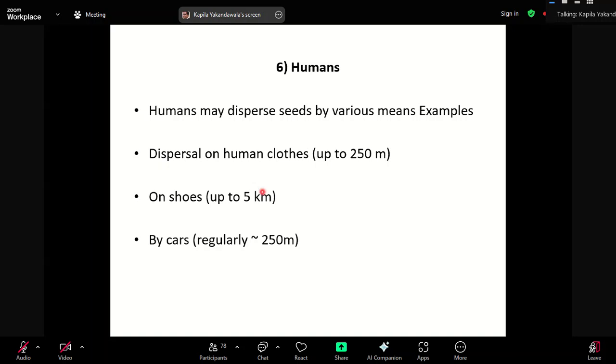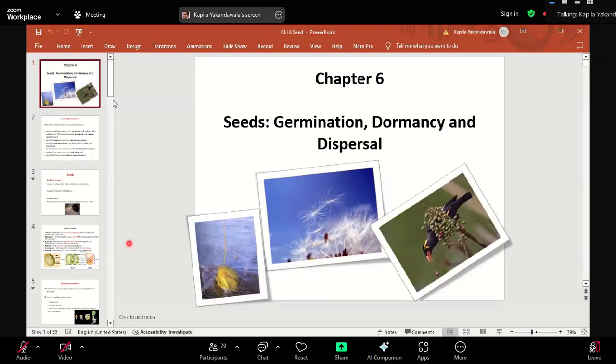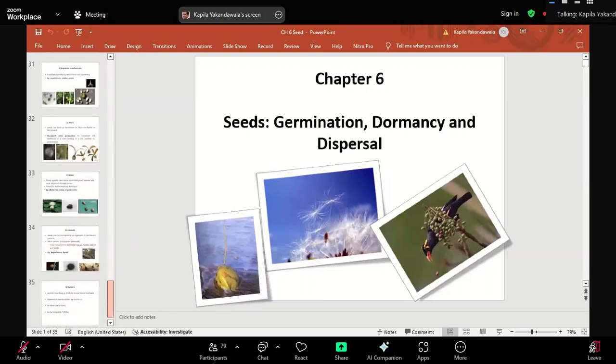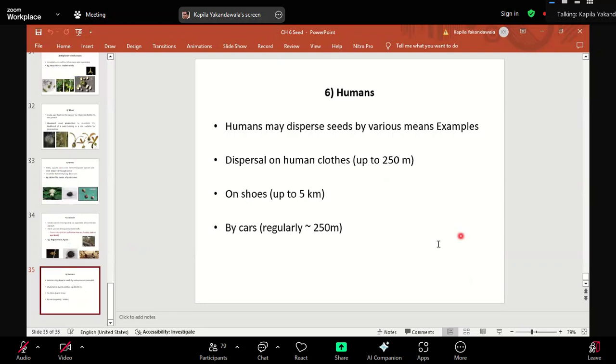Unknowingly, like it can attach to the shoes, like with soil, so we can move long distance with cars, with ships. Seeds can be carried away with human clothes, right? So those are the different methods of seed dispersal.